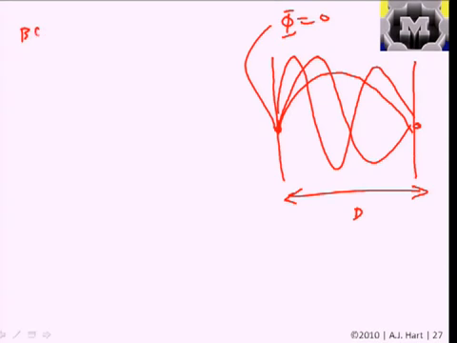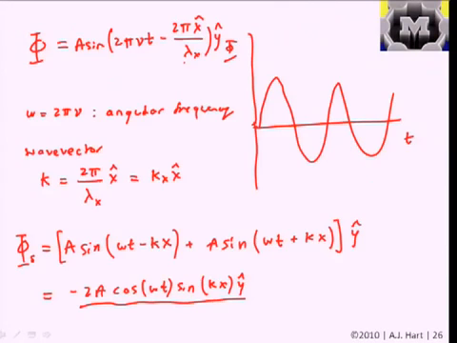So we can apply the boundary conditions that the intensity at 0 is equal to the intensity at d is equal to 0. In the equation we had at the bottom of the last slide, unless we have a specific constraint on the time that makes the cosine vanish, then in order to make this 0 at these particular distances, we need the sine of kx to be equal to 0.